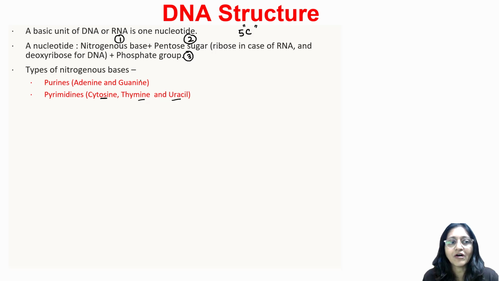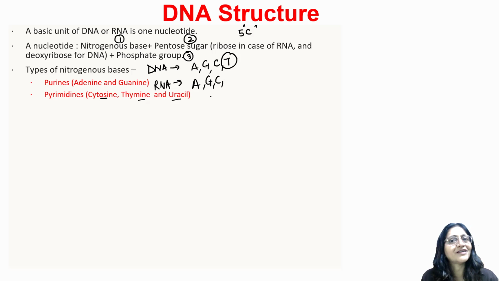In case of DNA, you will have four nitrogenous bases, which are adenine, guanine, cytosine, and thymine. While for RNA, there are again four nitrogenous bases, which are adenine, guanine, cytosine, and instead of thymine, you will have uracil here, right?